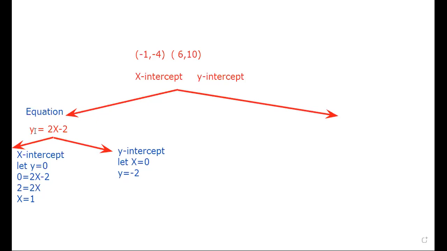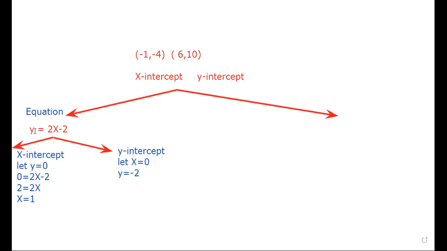Once you want to calculate the x-intercept, let y equal 0 and solve the equation to find x equals 1. For the y-intercept, let x equal 0, then y equals -2.